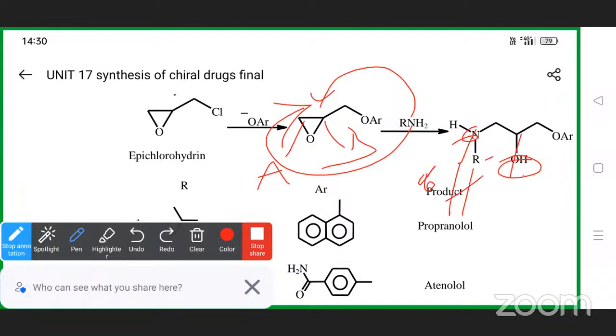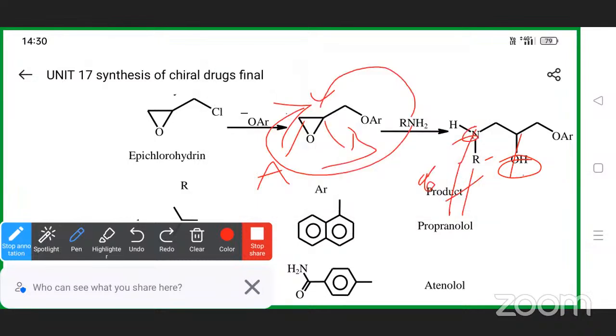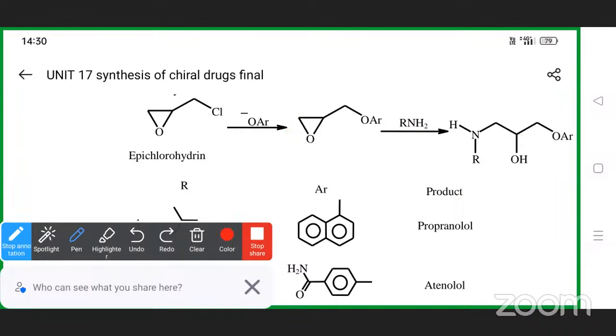Okay, and attacking of this base at the sterically less crowded A terminal here, right? This type of opening takes place, and OH is coming in between that particular group compound here, right? So generally, the epoxide ring opening takes place at the sterically less crowded terminal, right?